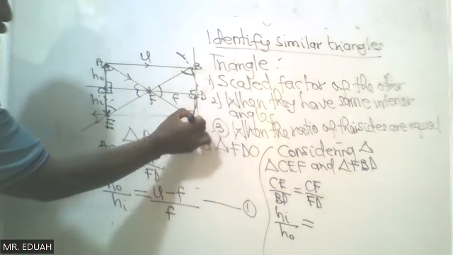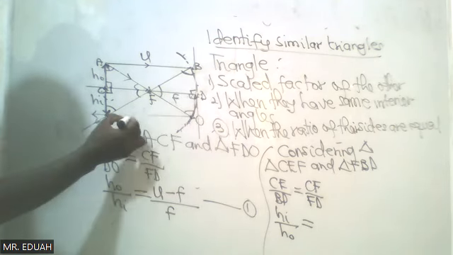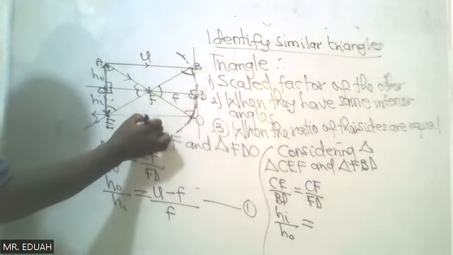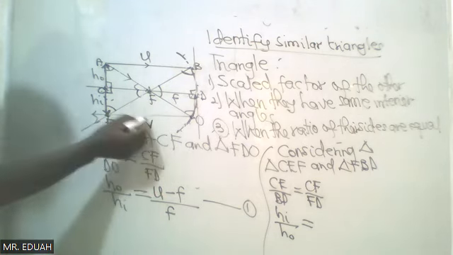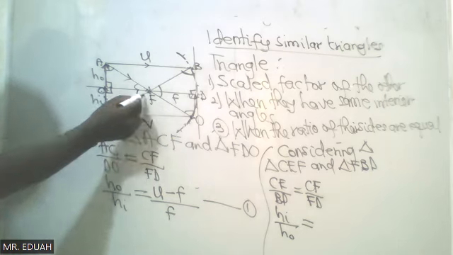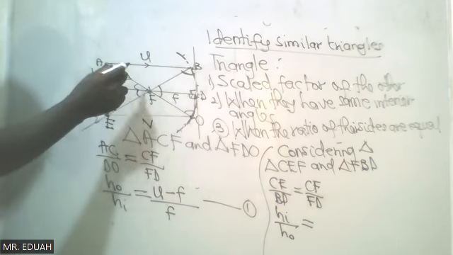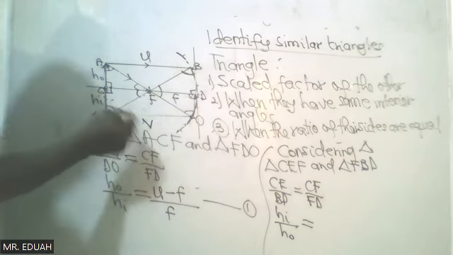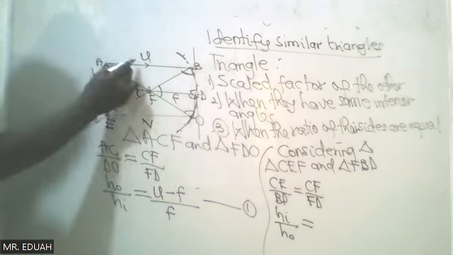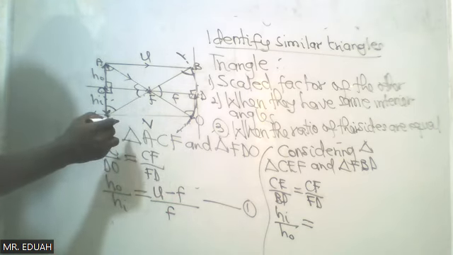From D to E is the image distance V. So this time around, we will relate CF to V, not U. Even though they are the same position, we are deriving a formula. So we use V instead of U as we applied earlier.